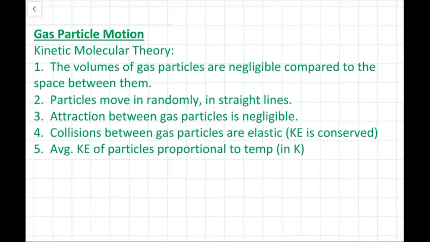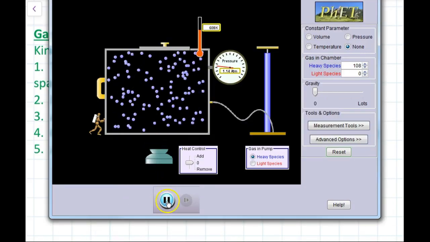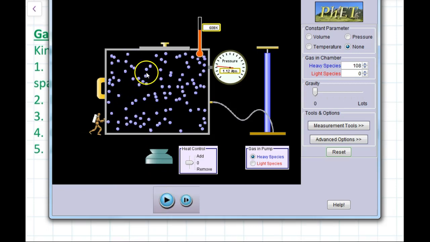The collisions between gas particles are completely elastic. You'll get into that more in physics, but essentially it just means kinetic energy is conserved. So when two particles collide, if this top one is moving faster than this bottom one, then it's going to transfer all of its kinetic energy, and the bottom one will speed up. It turns out that's not exactly true.